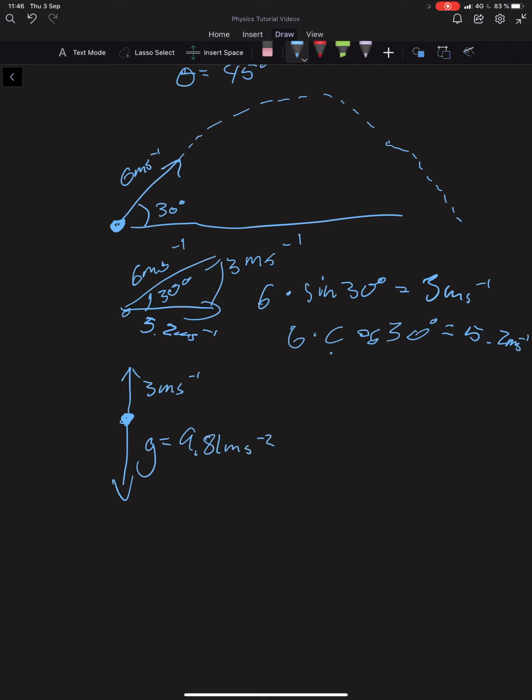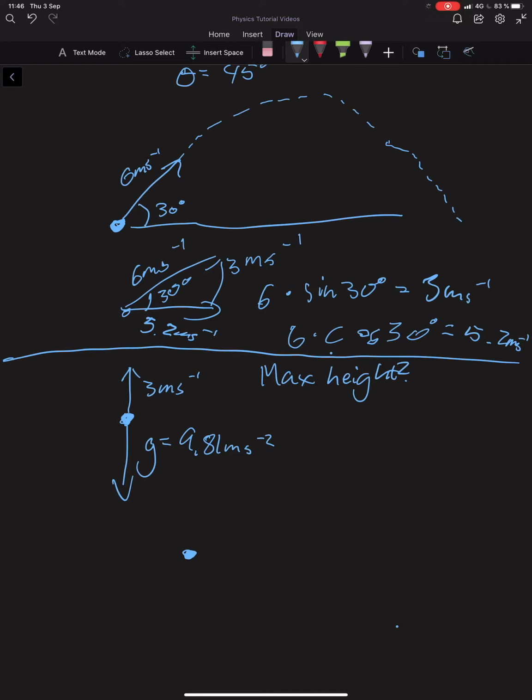Oh, and I should write the questions up there. So, max height? And if you recognize this, acceleration is constant, so we can use our equations. Now, at the top, what velocity does the ball have?